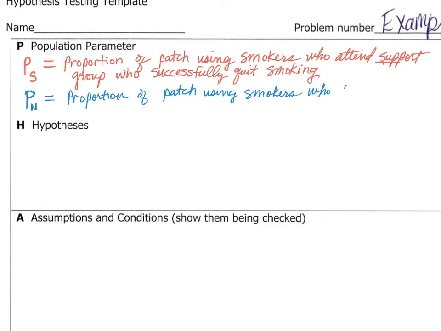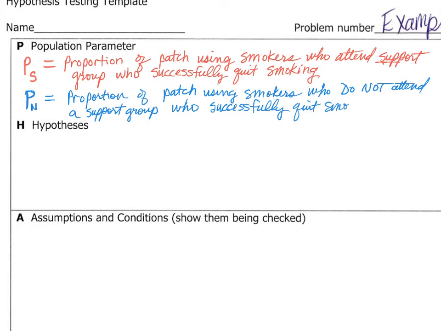These are present tense, by the way. Who do not, because I'm making an inference about the whole population of them, not just the ones in the sample. Who do not attend a support group who successfully quit smoking. That's the numerator.